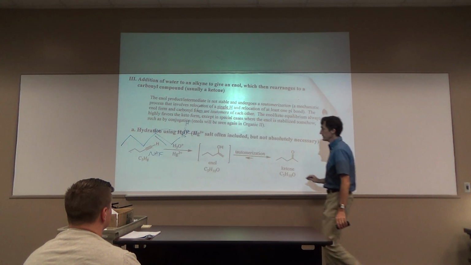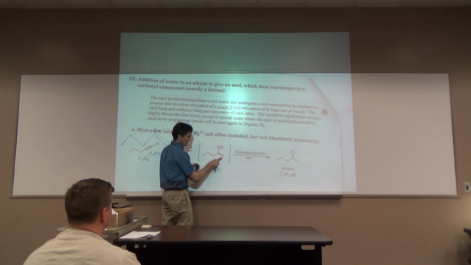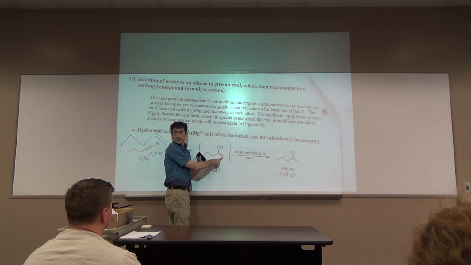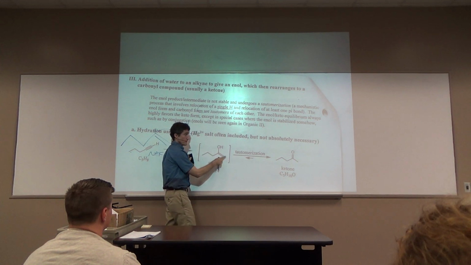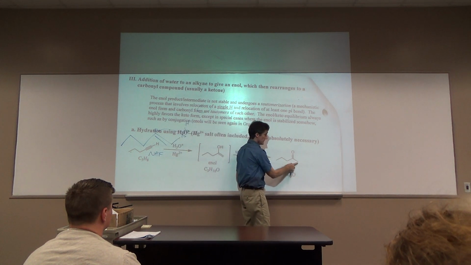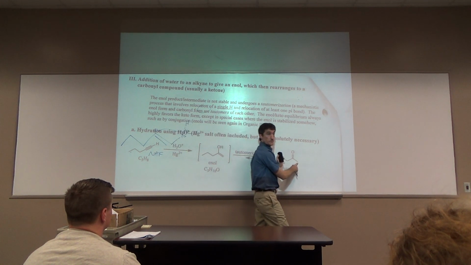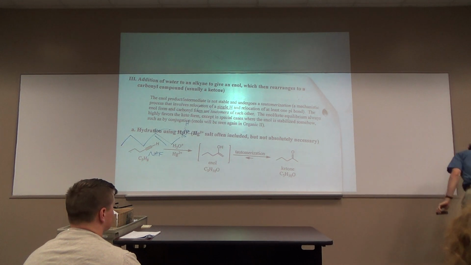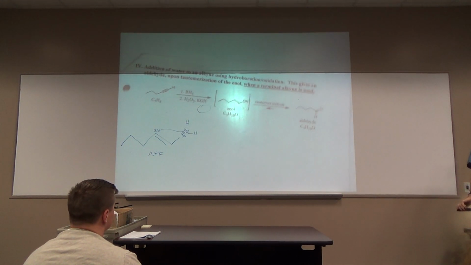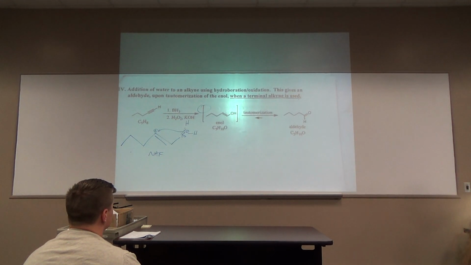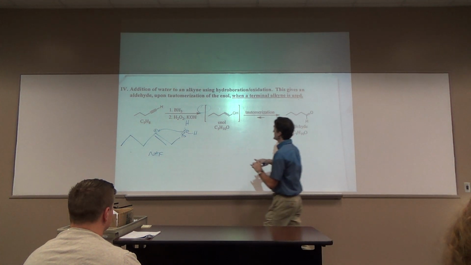That's the same thing over here. Essentially, this H ends up here. It was the same thing over there. It's now gone. There's now an extra H here. It's the same as before. But again, this is under basic conditions. We can do the mechanism under basic conditions.